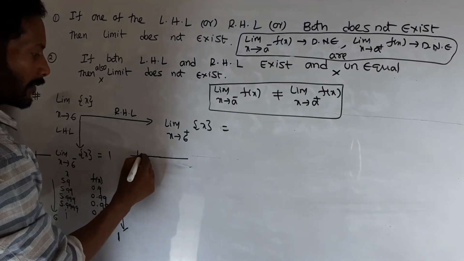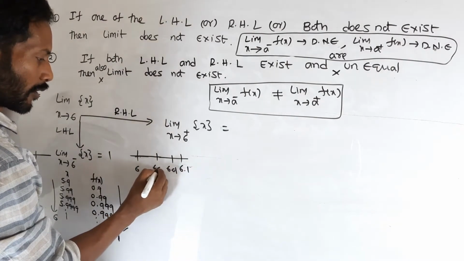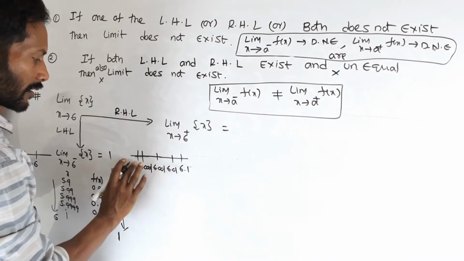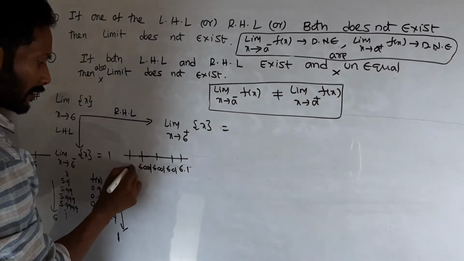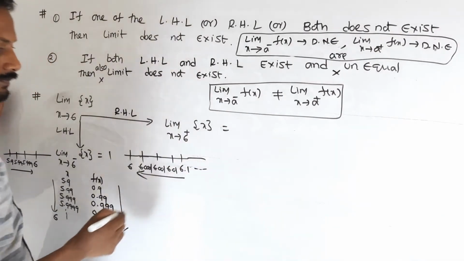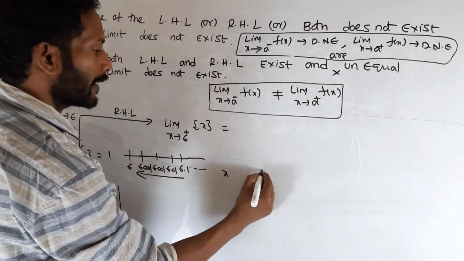This one is 6.1, 6.01, 6.001, and so on. This is the number line. On the number line, 6. Here x and f of x.